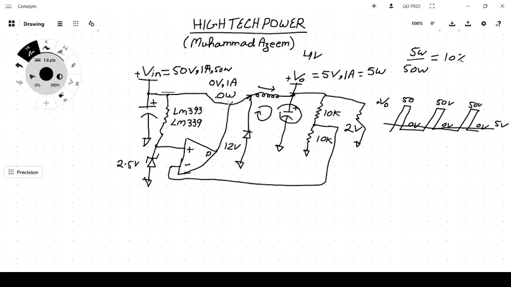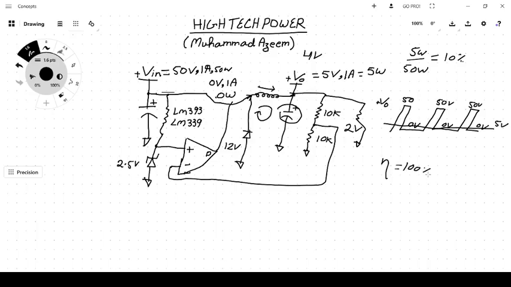And because there is no dissipation in the series pass element, whether it is on or off, ideally in this case the efficiency would be 100%.